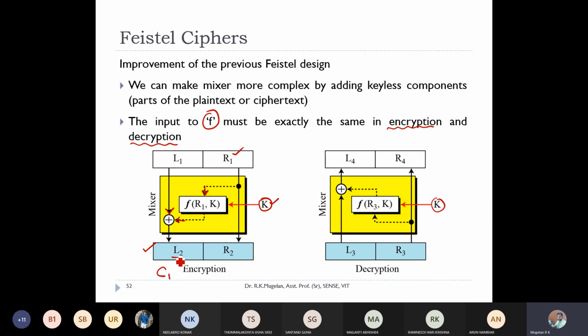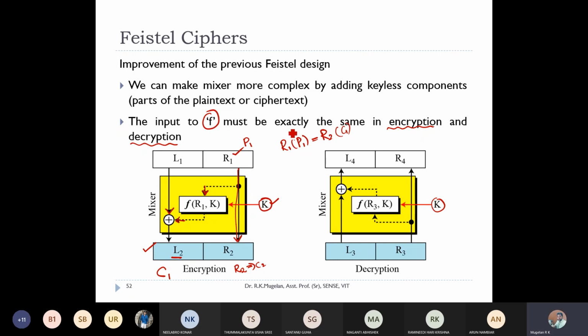But here you can see the right-hand side of my plain text P1 is exactly transferred to the right-hand side of my C2. That is, the R1 of P1 will be equal to R2 of C1. Both are same, right-hand side.